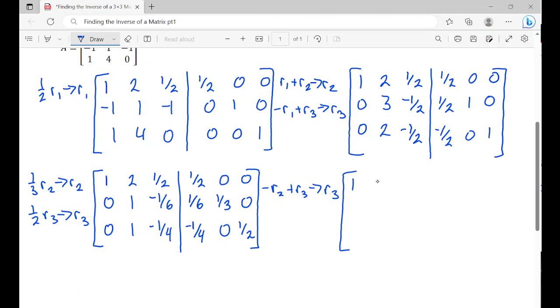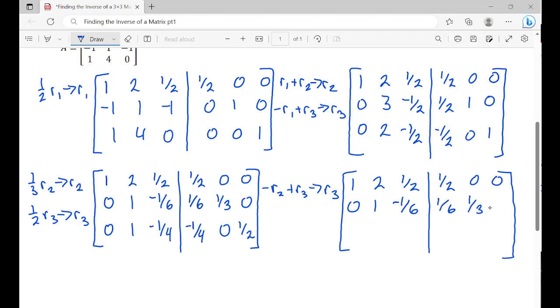So 1, 2, a half, a half, 0, 0. And then 0, 1, negative sixth, positive sixth, third, and 0.